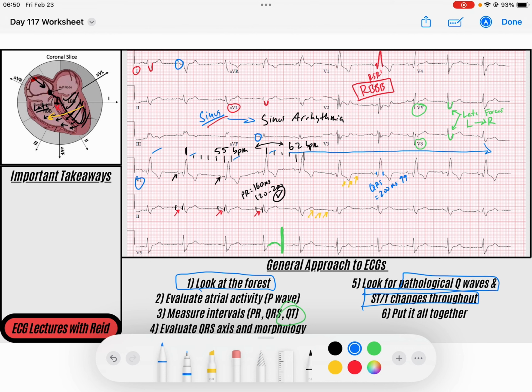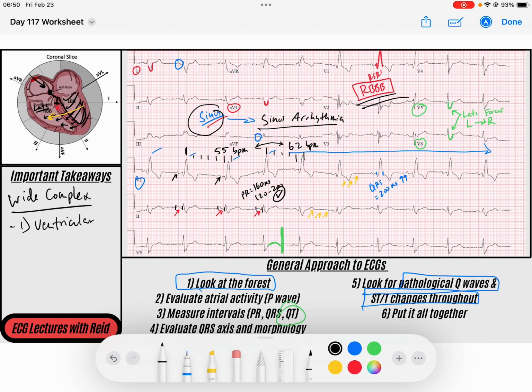And so you put this all together, and what do you get? You've got a sinus rhythm with sinus arrhythmia, maybe 60 beats per minute or so, borderline bradycardia, with a right bundle branch block. So remember, if you have a wide complex rhythm, evaluate if it is a ventricular rhythm, right?